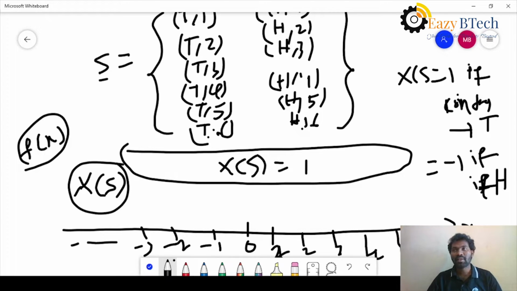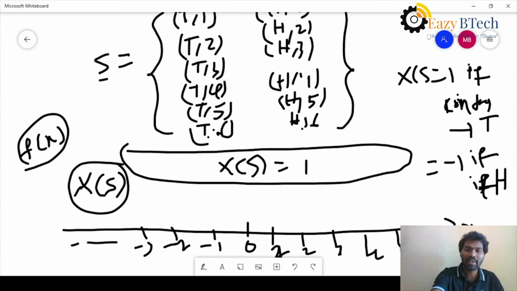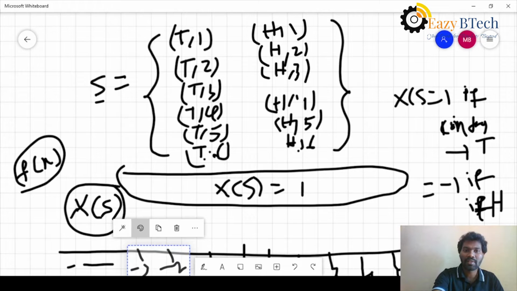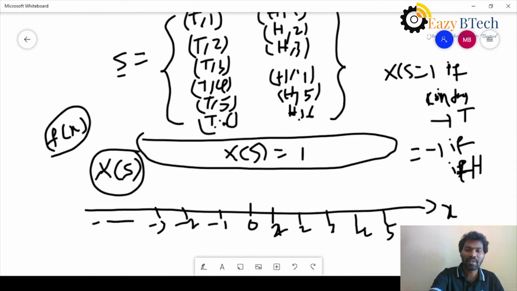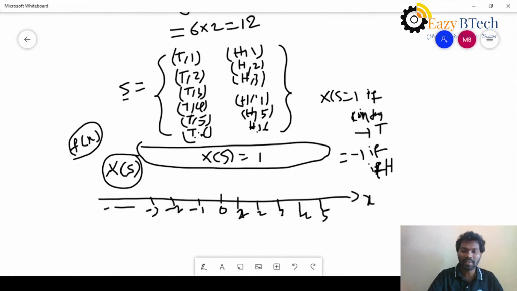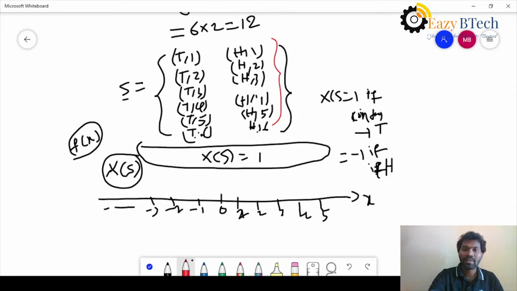What the random variable says is that it maps all the elements of the sample space into the real axis. Now I'm mapping the sample space to the real axis. Here you will get all the heads on the right side. If I am getting head, the value should be 1.